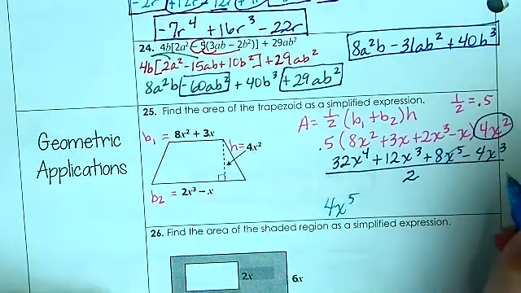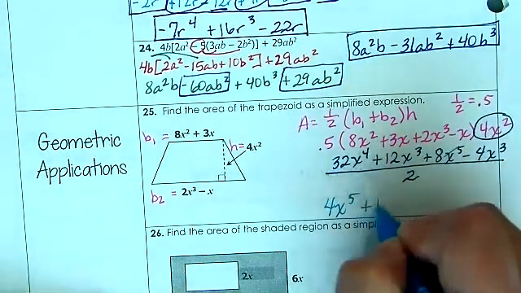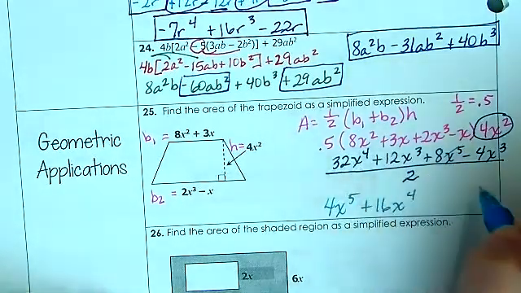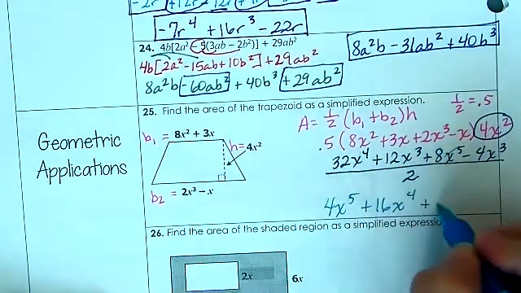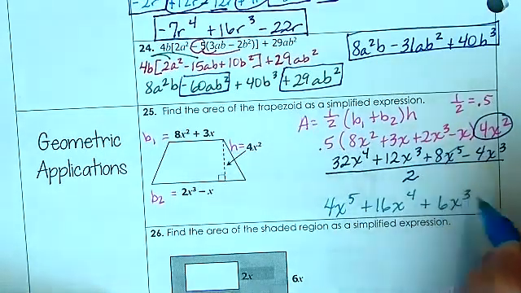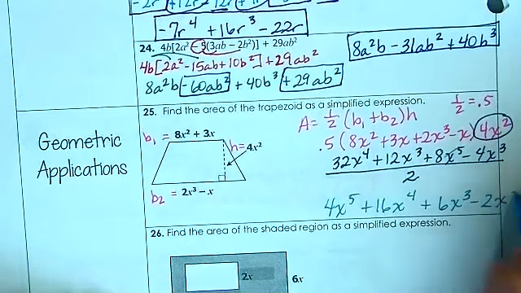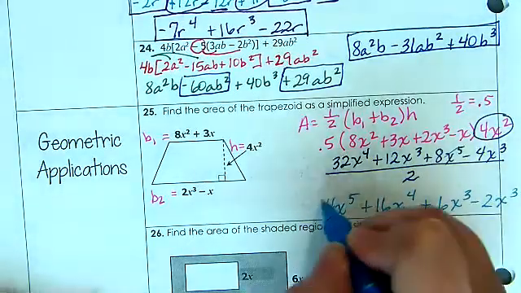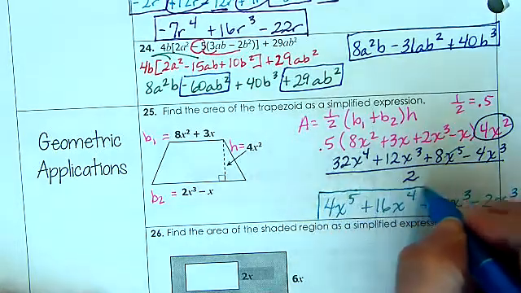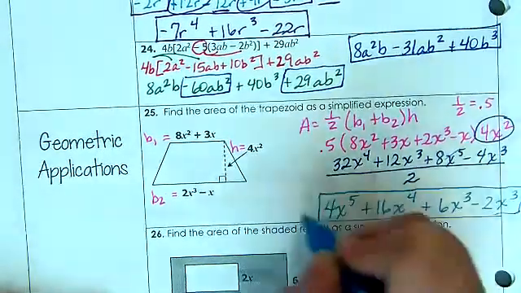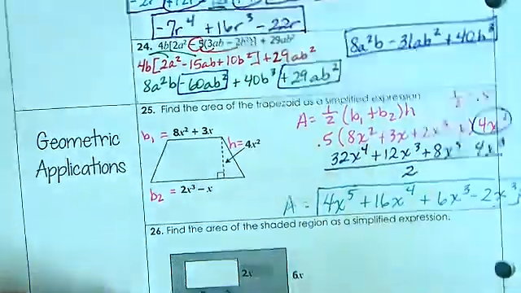That took care of that one. Then I'm looking at this one. So that's plus 16x to the 4th. It's only the coefficient that I'm dividing. Notice that. Plus 6x to the 3rd minus 2x to the 3rd. And there is the final answer of what the area equals.